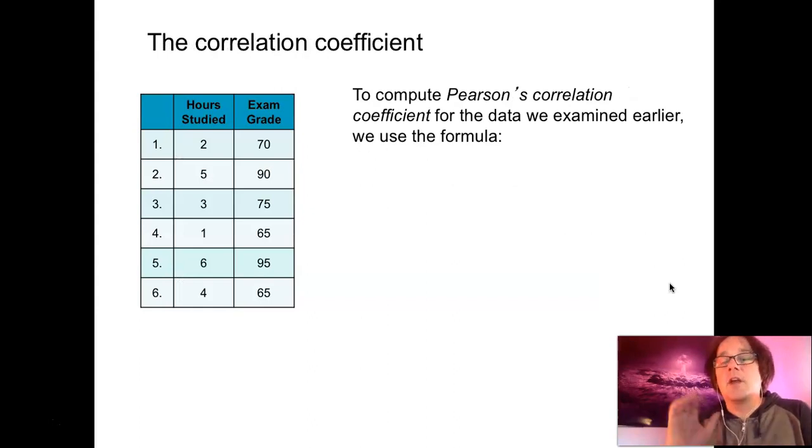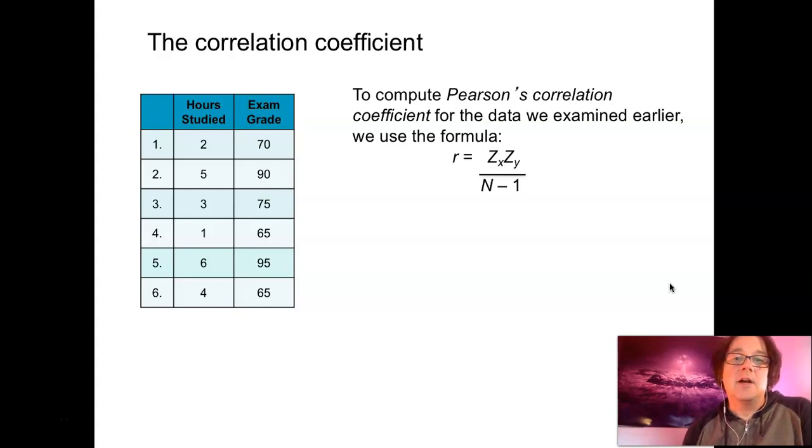Okay, so how do we compute the Pearson product moment correlation coefficient? Let's just take this data that we used earlier in our scatter plot example. This is the conceptual formula for r, the Pearson product moment correlation coefficient.